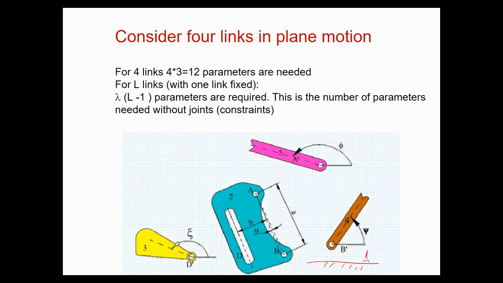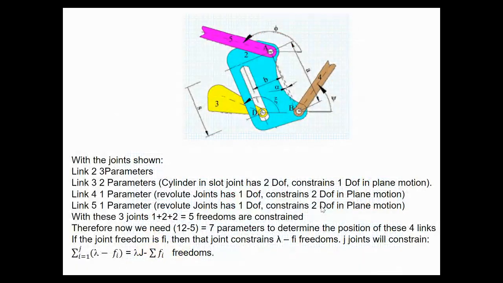We have to put that in here. 1. Therefore, we have 5 things here. How many degrees of freedom do we have here? For each of these links, we have 3 degrees of freedom. So we have a degree of freedom of 12 here. So in order to describe the motions, we need 12 parameters if these things are not connected by any joints.